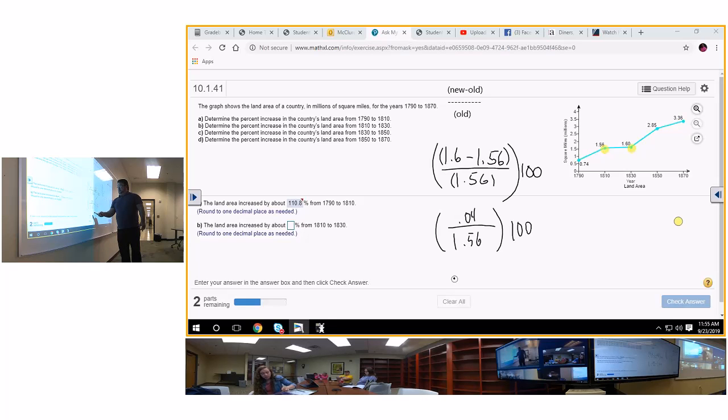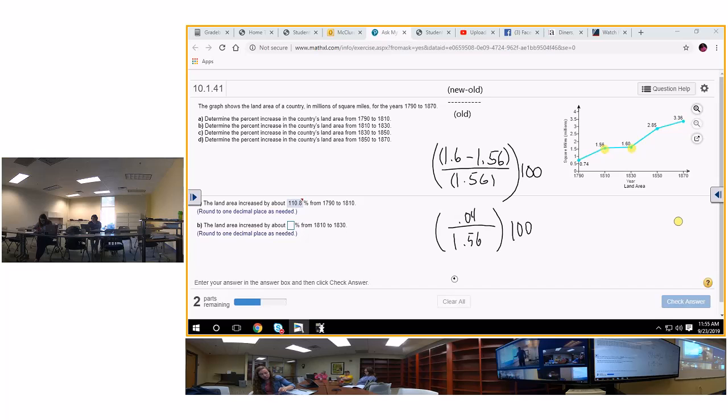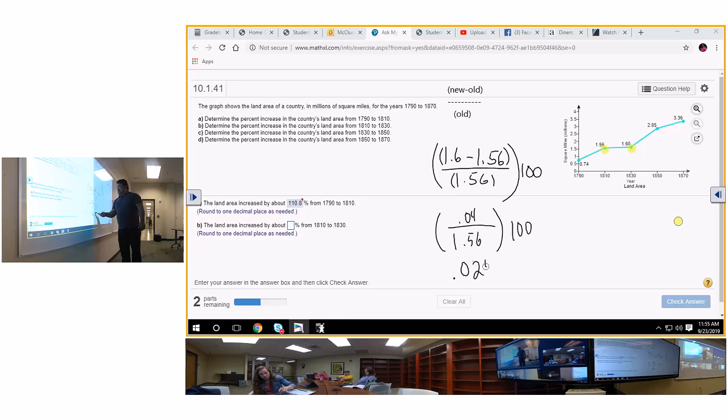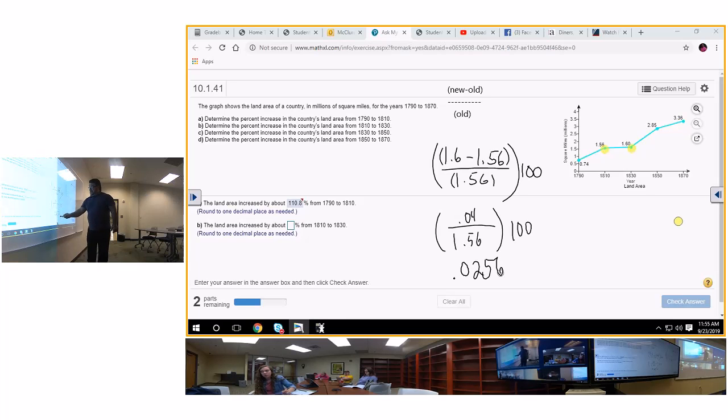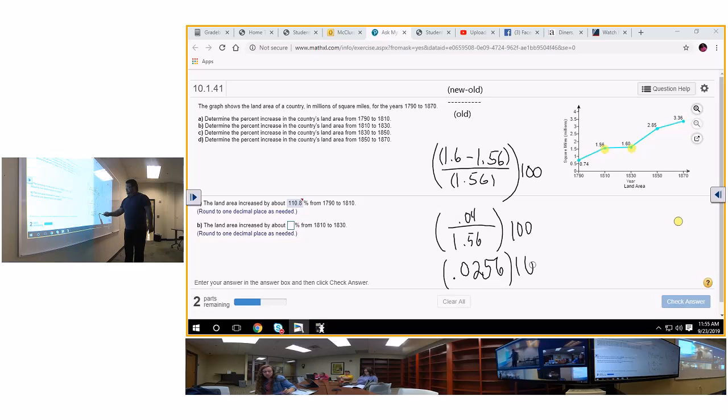It's 0.0256. Multiply that by 100. Move the decimal 2 places to the right: 2.56%.